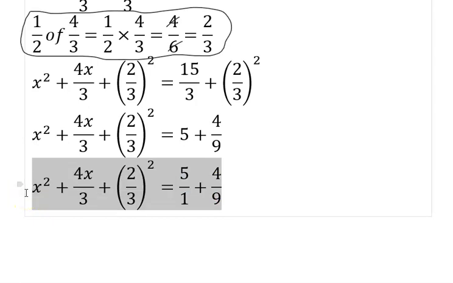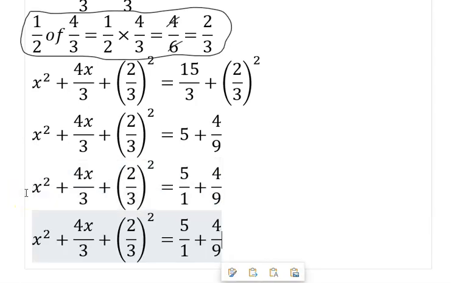So I quickly need to clear that so that we don't get ourselves confused. So let's quickly get this done here. Now, what is the LCM of 1 and 9? It's 9. LCM of 1 and 9 is 9.